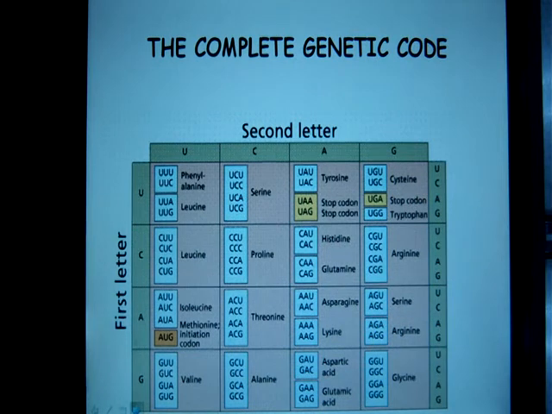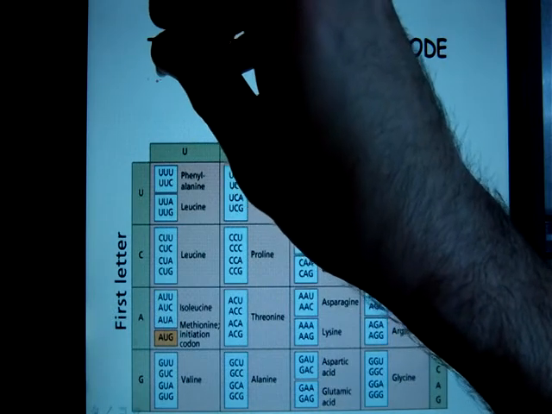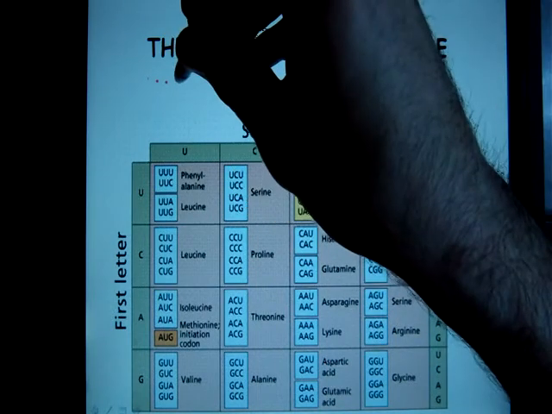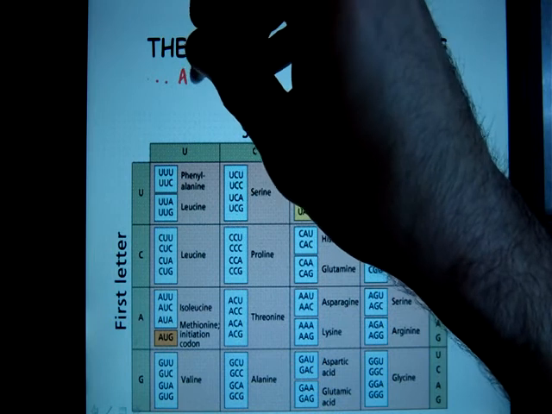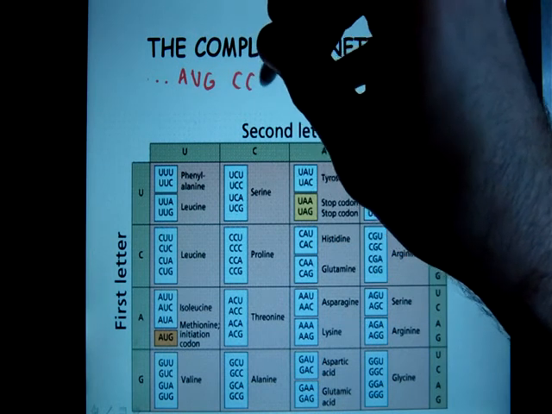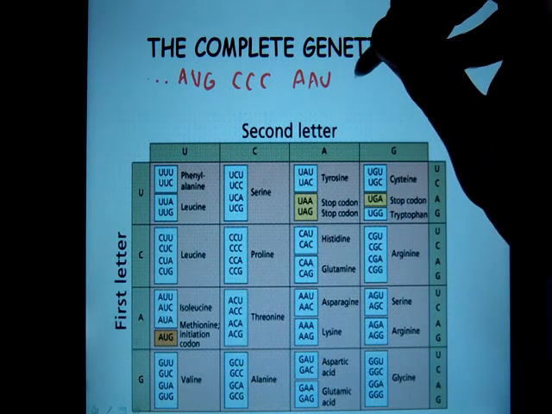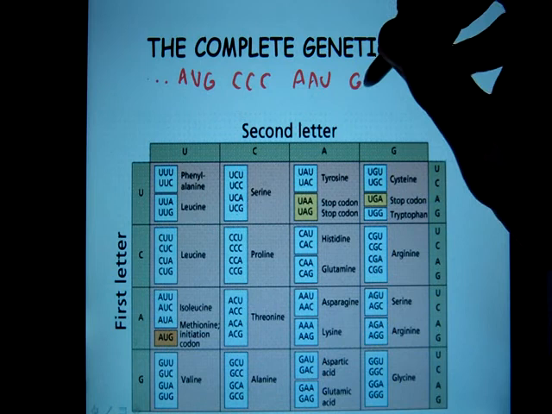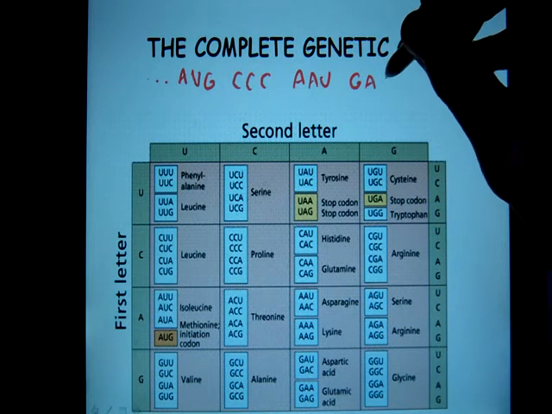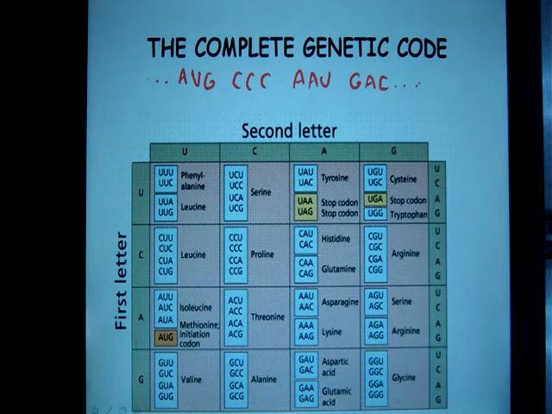So we're going to make up a string of amino acids here. Let's just make up some RNA and put some codons there: A, U, G, C, C, C, A, A, U, and G, A, C. There's a reason I drew them in groups of three.